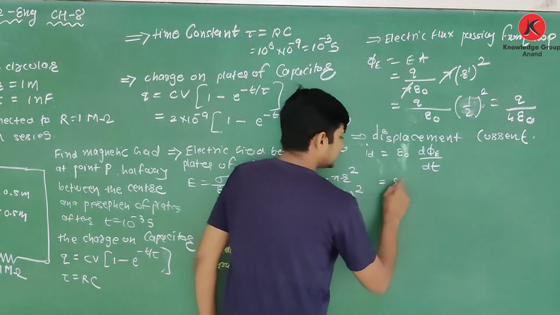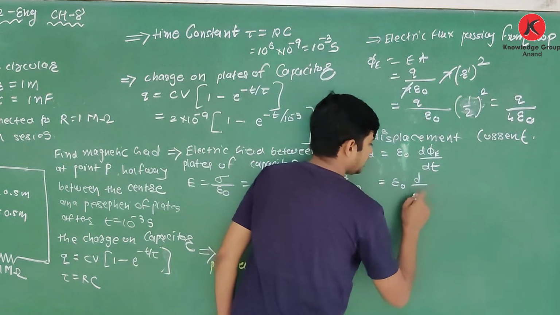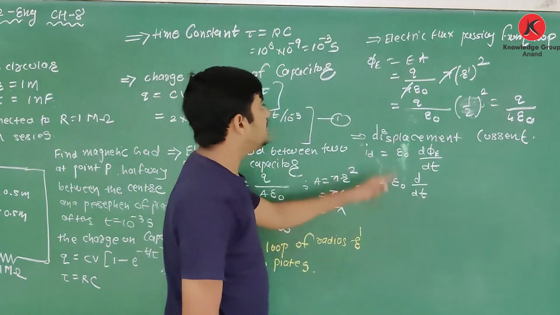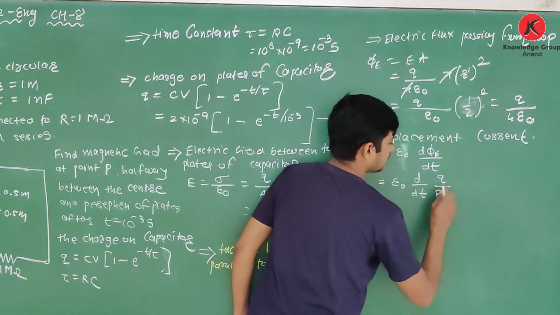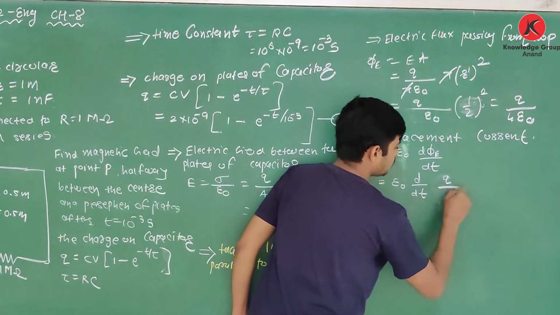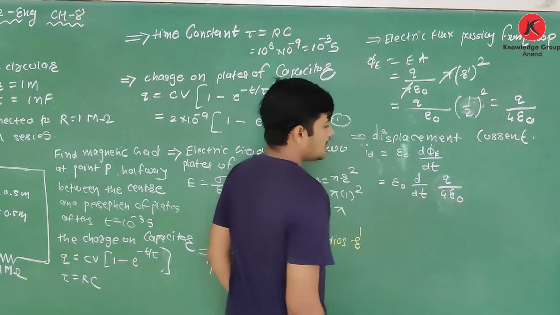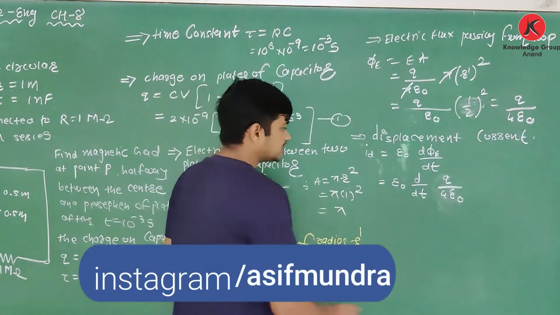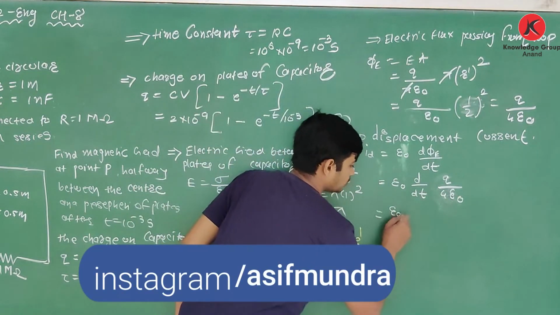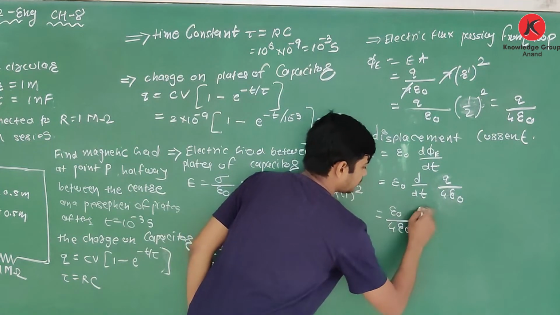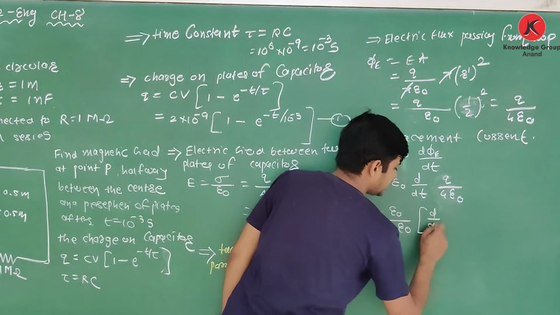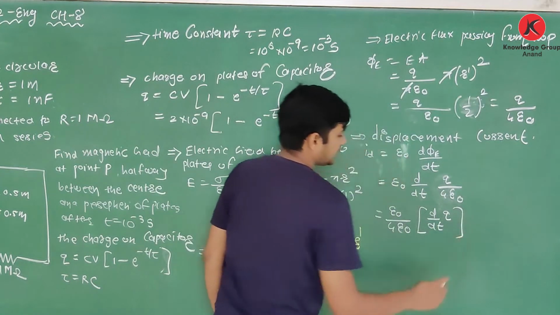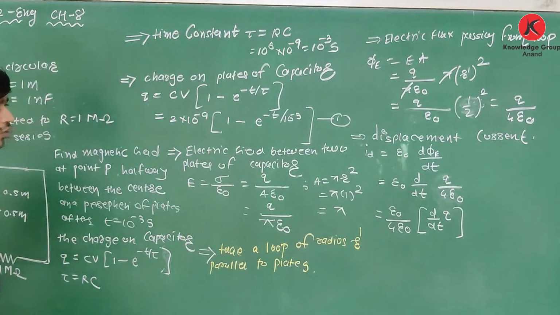So it is epsilon 0 d upon dt of phi E. Phi E means this whole expression, Q upon 4 epsilon 0. So see, 1 upon 4 epsilon 0 is a constant, which comes out of the differentiation. So epsilon 0 upon 4 epsilon 0 comes out, and here it is d upon dt of Q only.